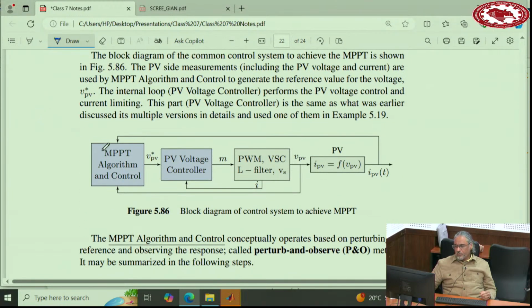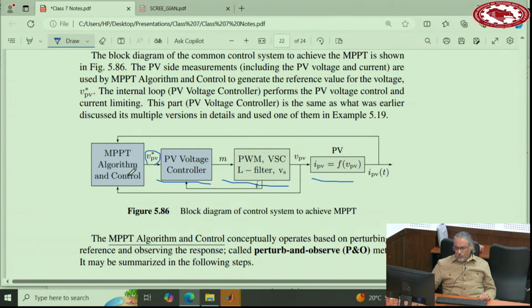So this is the approach, basically. You have some panels here, let's say, and this is the converter and the filter and the grid and everything. And then we have a controller that needs a reference for the voltage. We called it capital VC in the previous discussion. Now call it V star PV because it's specifically on PV.